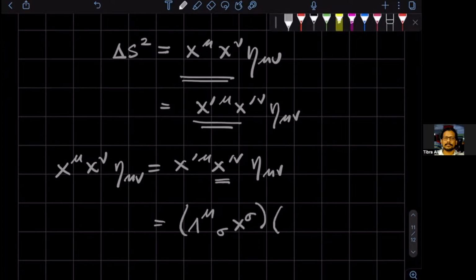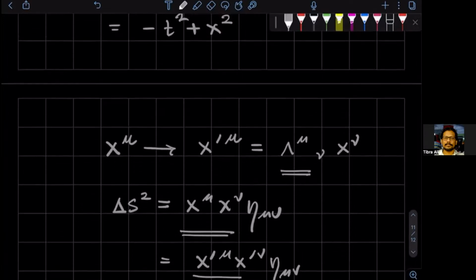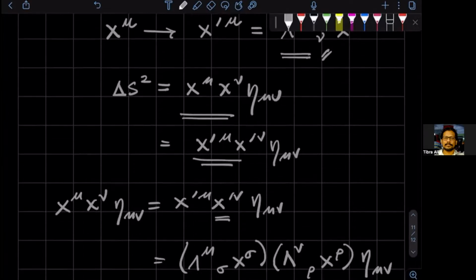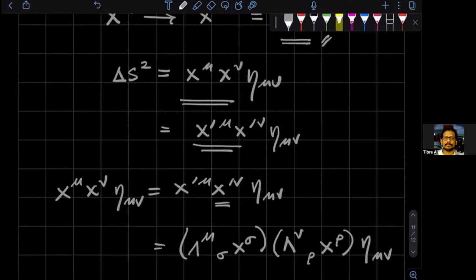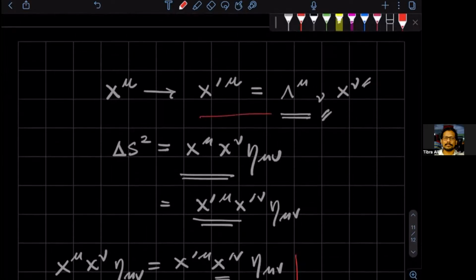And this thing is lambda nu rho, x of rho, eta mu nu, where we are employing the Einstein convention. So anytime an index is repeated, there is an implicit sum. So is it clear what I did coming from here to here? I just used this definition, the fact that we are making a Lorentz transformation.